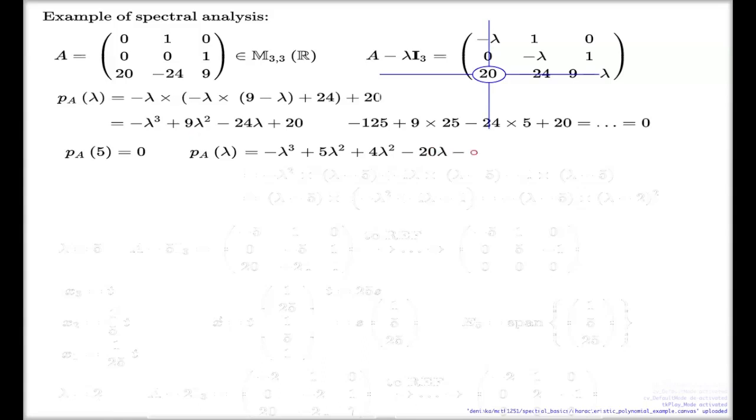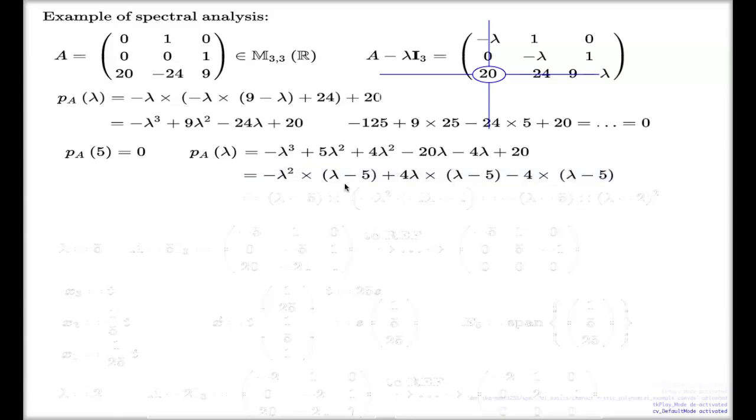Take 20 lambda, because we have 24 here, I subtract extra 4, and the final 20. Now these two together carry a common factor lambda squared. These two together carry a common factor 4 lambda. These two together carry the common factor 4.